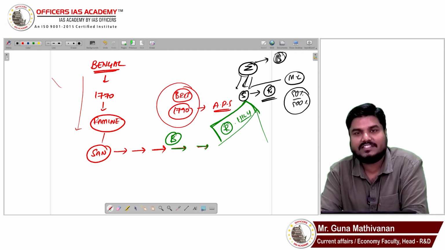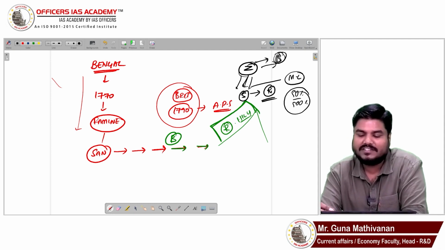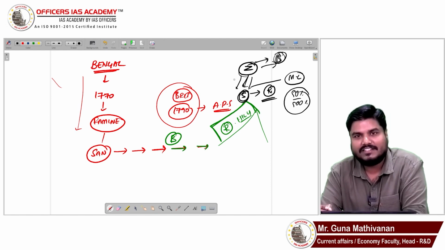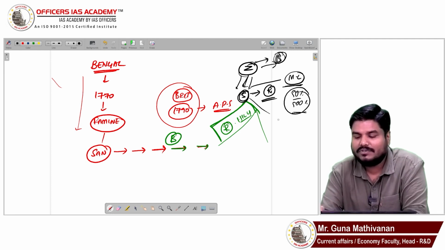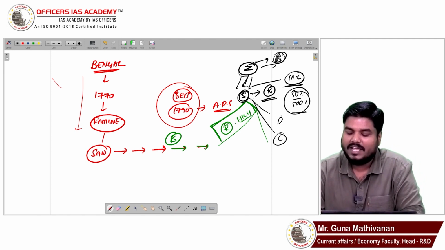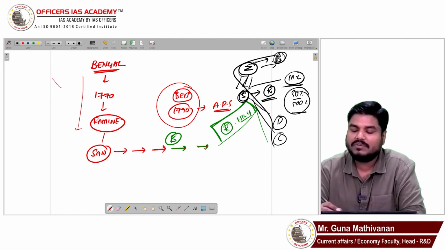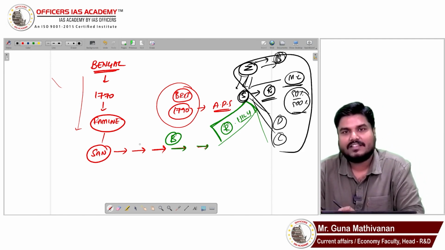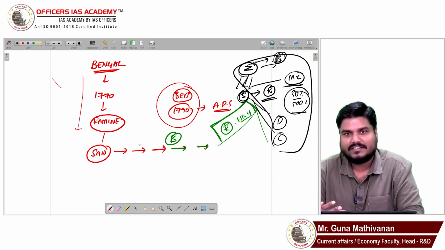So zamindars need money to give Britishers. Zamindars are asking Santhals to pay money. Santhals, when they were not having money, were borrowing from moneylenders. And moneylenders were charging very high interest rates. And Santhals, because of this oppression, would go to police, go to court, and police and all supported the existing system. Santhals had no choice.